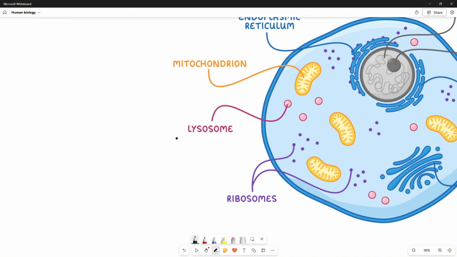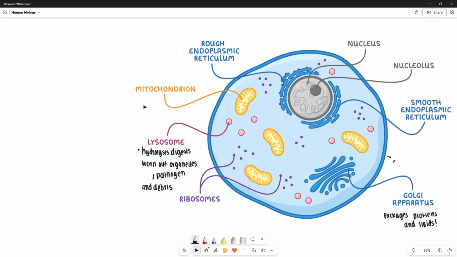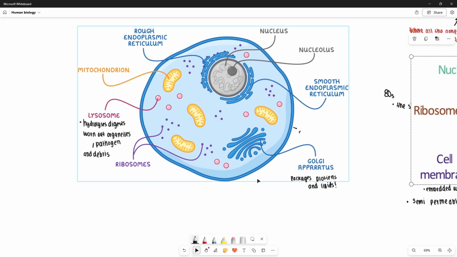You can say that lysosomes hydrolyze and digest worn-out organelles, pathogens, and debris. That's basically what you need to know.